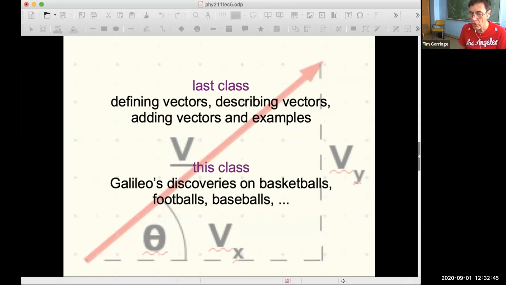Those are all classic examples of projectile motion, a object, a body that's thrown or kicked and is moving through space in time in a two-dimensional path. The object will be going, say, left to right and up and down. And so that's two-dimensional motion. That's projectile motion.